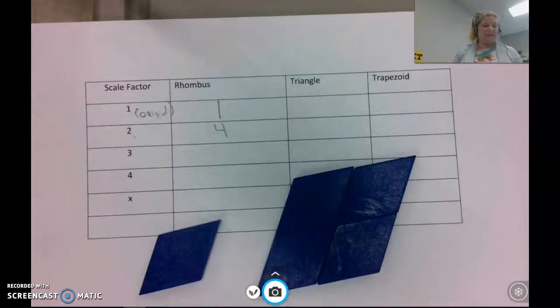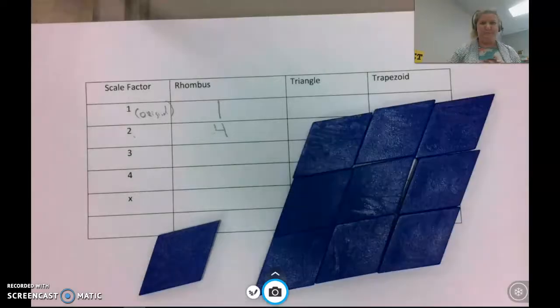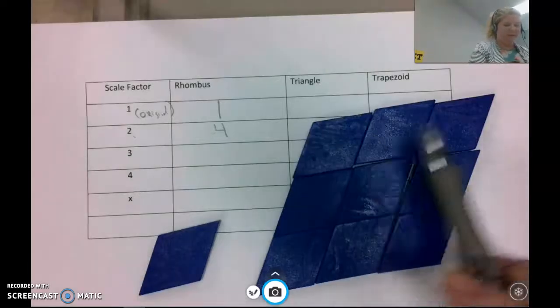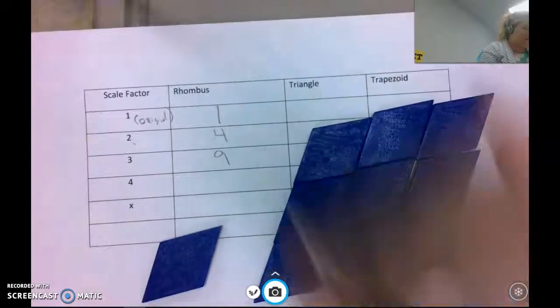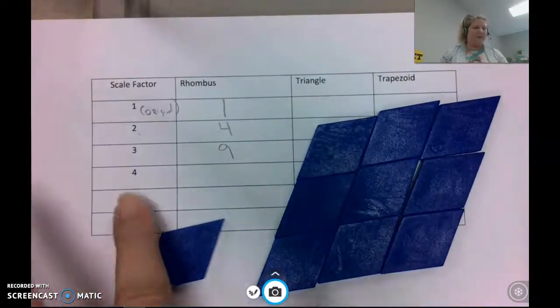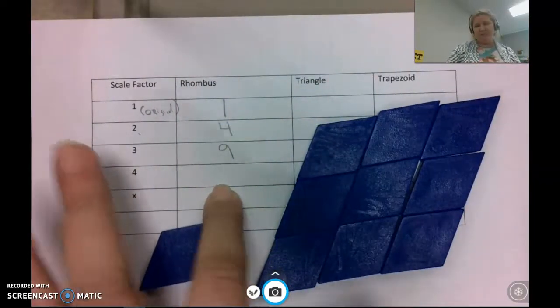Now what if I triple it? Then I would need to go from the original 3 times as tall and 3 times as wide. And if we count here, we have 1, 2, 3, 4, 5, 6, 7, 8, 9. So I wonder if you can guess what this will be.